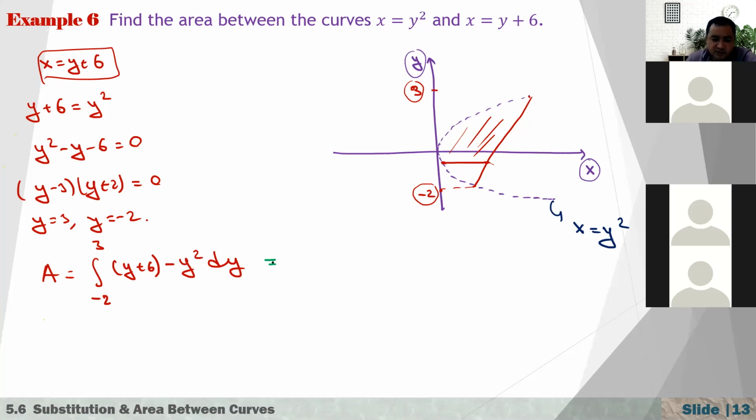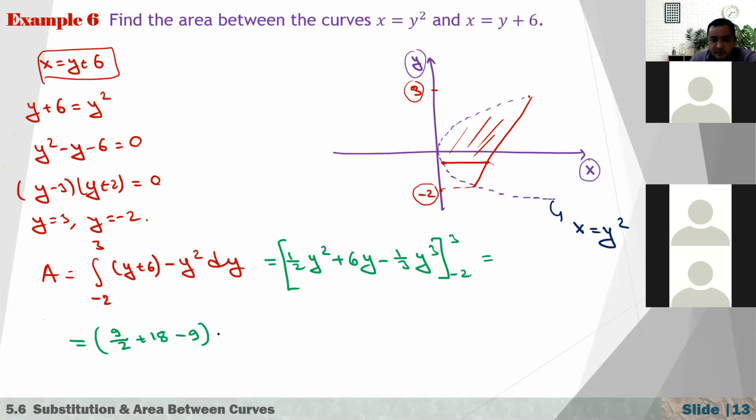Now if you integrate this function, the first one is 1 over 2 y squared, the second one is 6y, the third one is 1 over 3 y cubed, and y is changing from minus 2 to 3. When it is 3, here we have 3 squared over 2, 9 over 2, and 3 times 6, 18, and minus 27 over 3, minus 9.